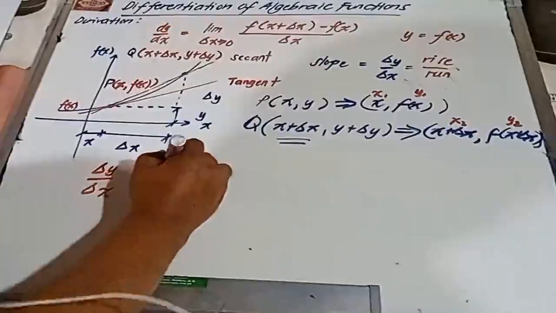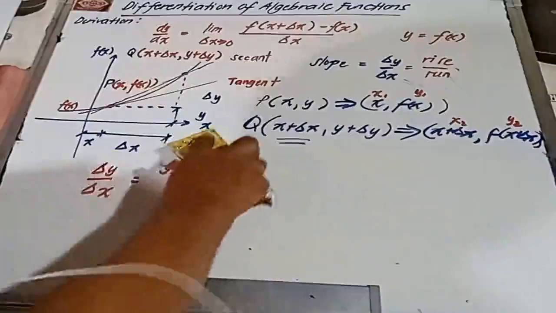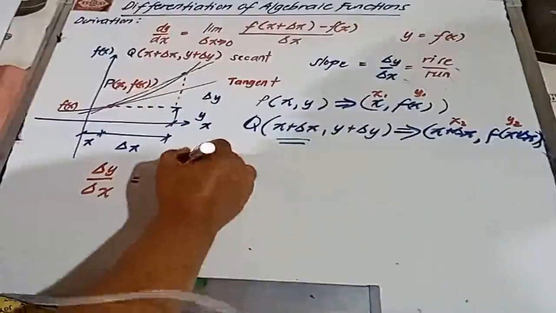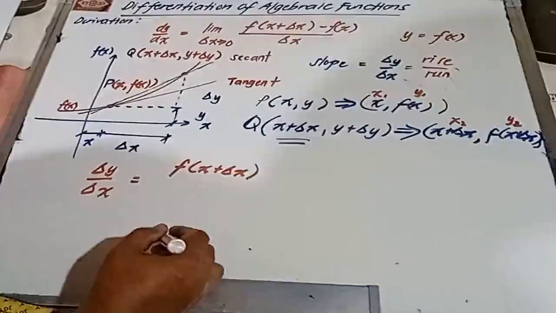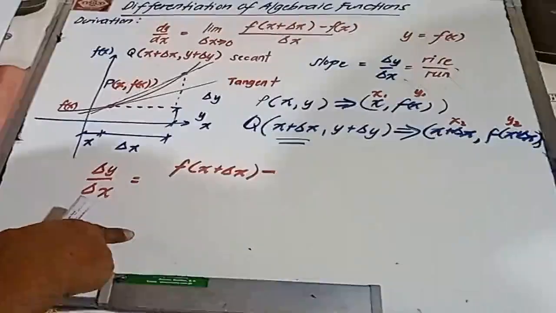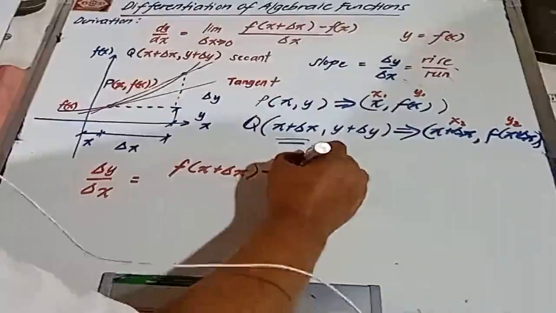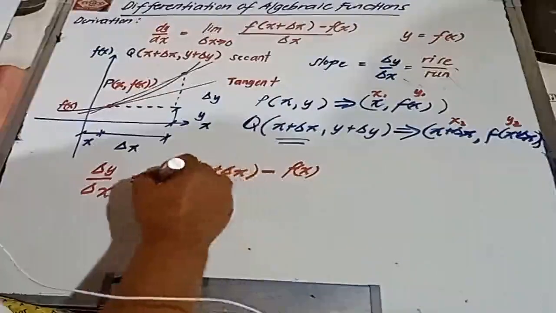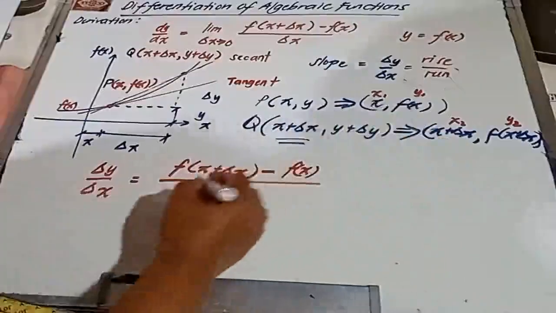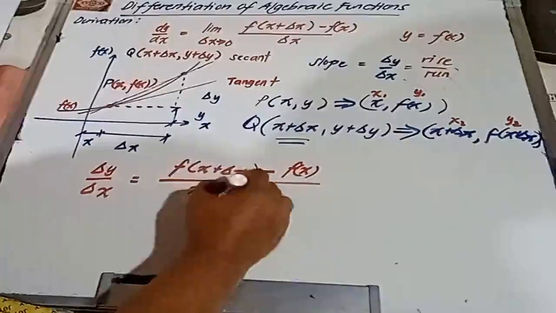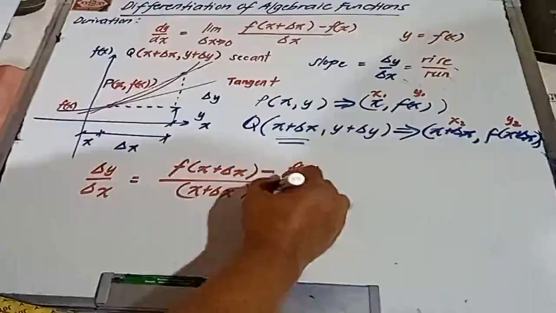So, that will be y sub 2. Y sub 2 is f of x plus delta x minus ang ating y sub 1 is f of x all over x sub 2, x plus delta x minus x.